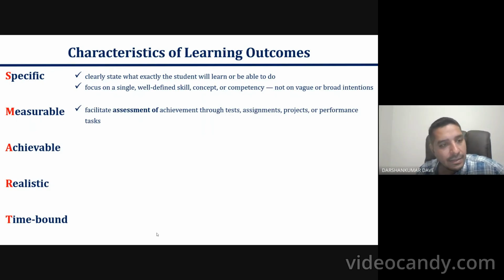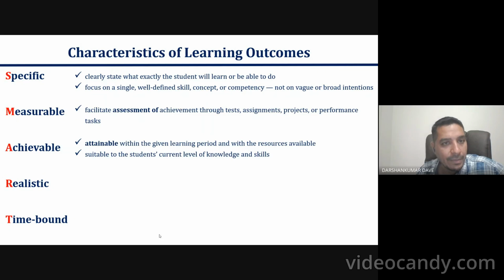Next is achievable. What do you mean by a learning outcome is achievable? So when I say that an outcome statement is achievable, it means that it should be attainable within the given learning period, after the completion of the course. We generally write that after the completion of course, that is our achievable target.